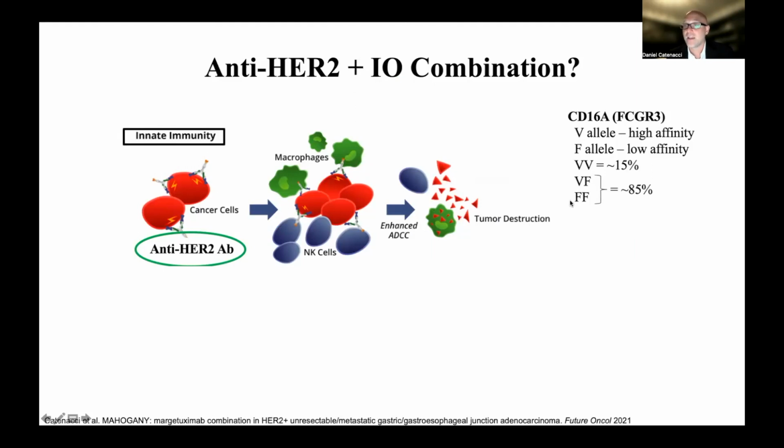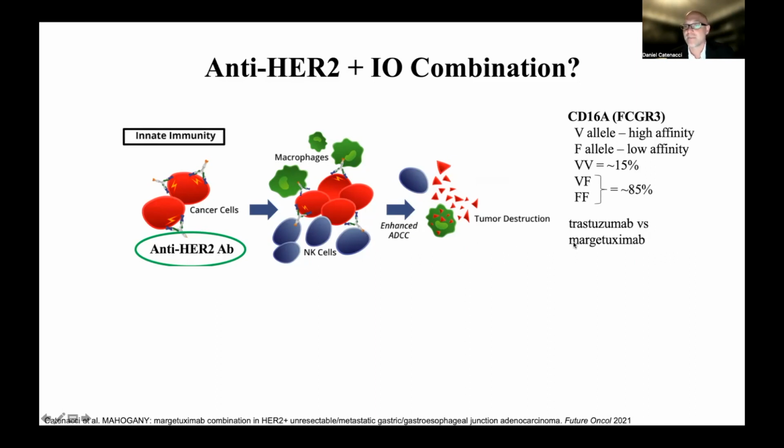On the other hand, if you have two copies that are F copy or versions that are low affinity or low stickiness, which is the majority of population has at least one, if not two, then this response is dampened. And so agents like margetuximab are drugs that have been engineered that can enhance this binding here between the Fc gamma receptor 3 and the Fc domain by engineering a different Fc domain on the antibody.